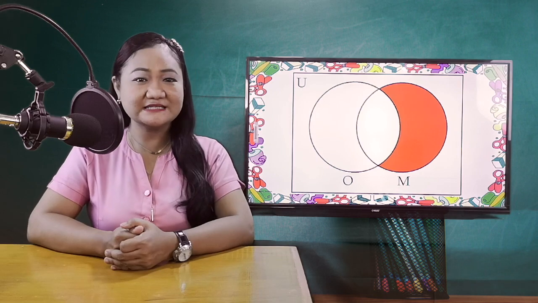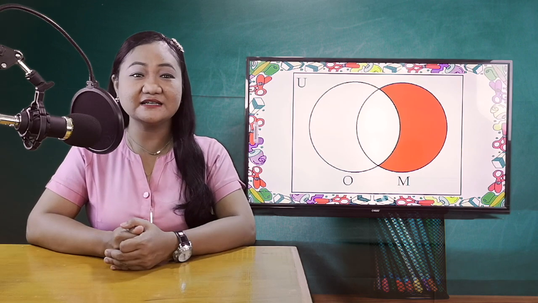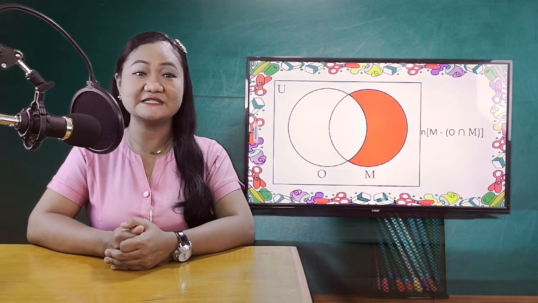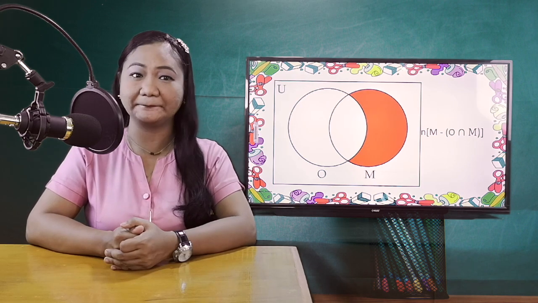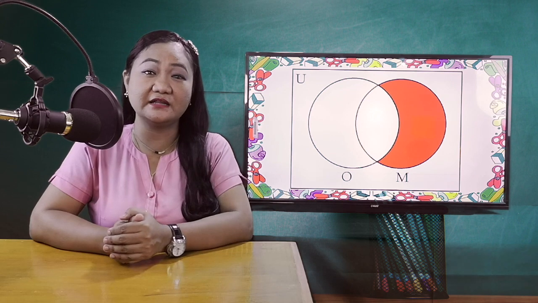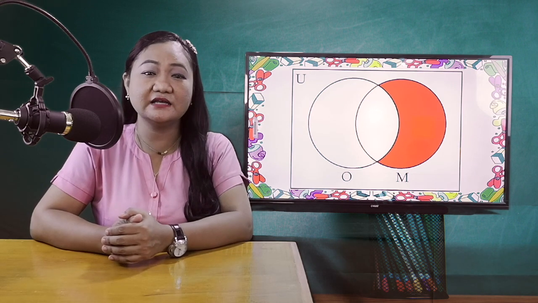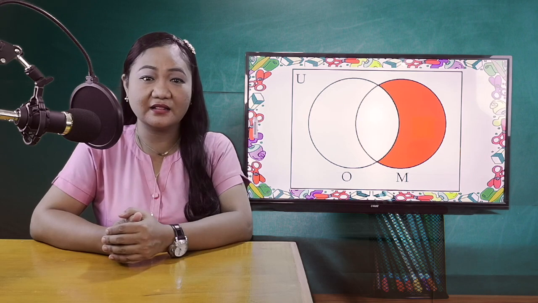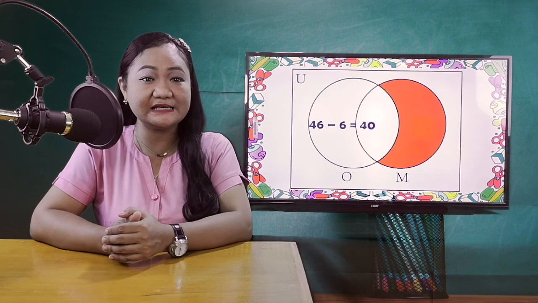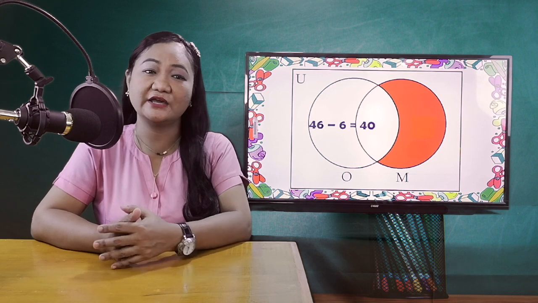So, in set notation, it is the cardinality of the difference of set M and the intersection of set O and set M. Since it is given that set M is 46 and the intersection of set O and set M is 6, then the solution is 46 minus 6 equals 40.